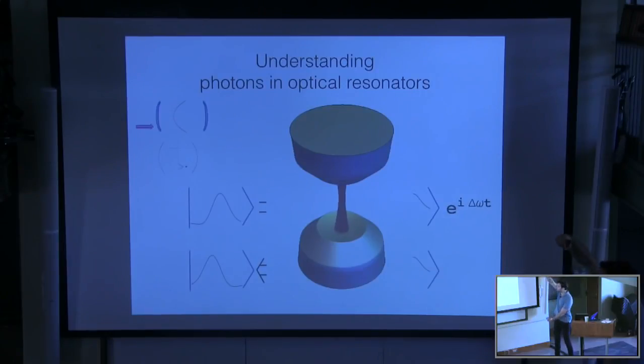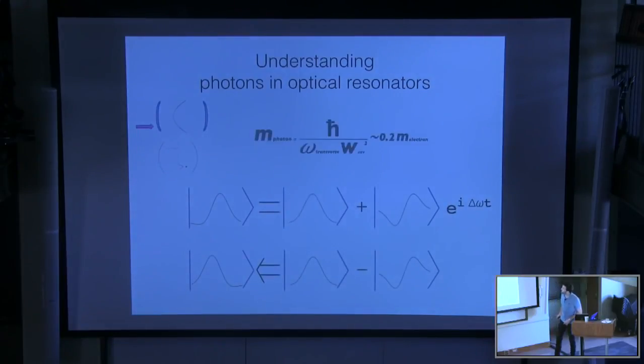It's in a single longitudinal mode, and that longitudinal mode oscillates back and forth transversely. Okay, so we have a good separation of timescales here. And again, you can compute what this mass ought to be, and it's some fraction of an electron mass.